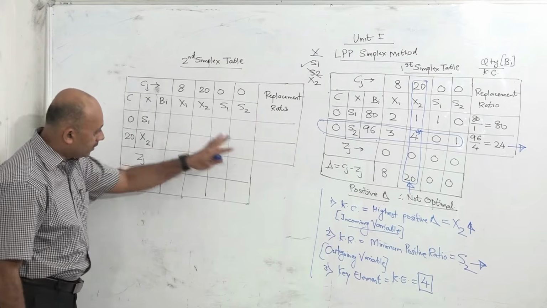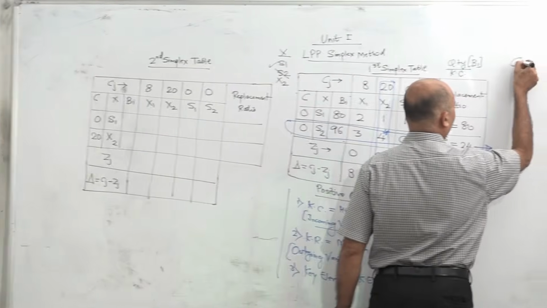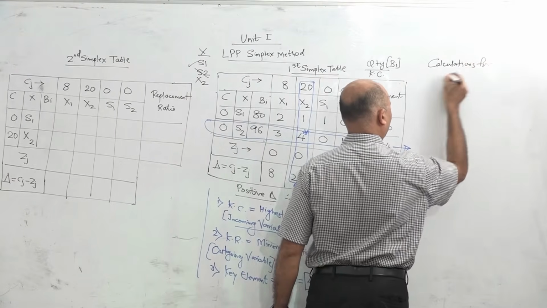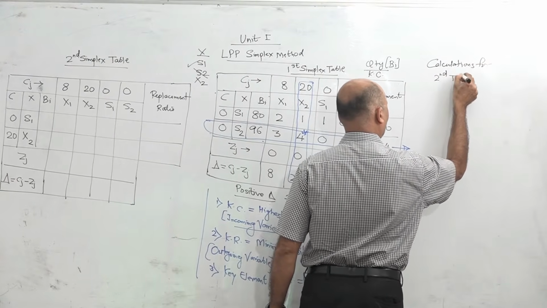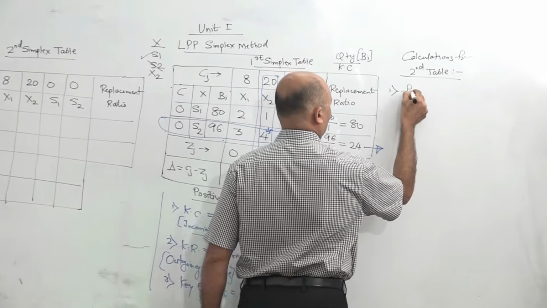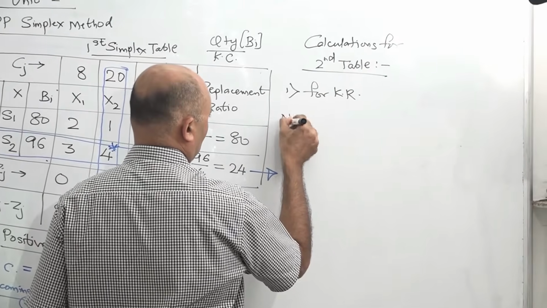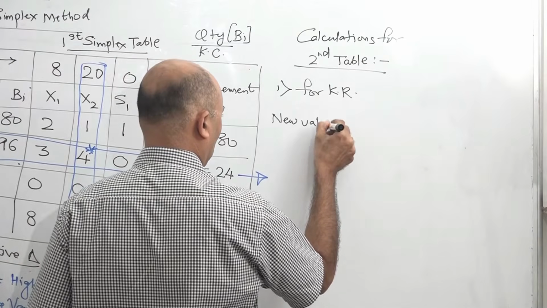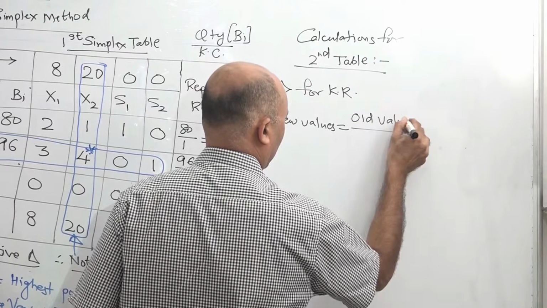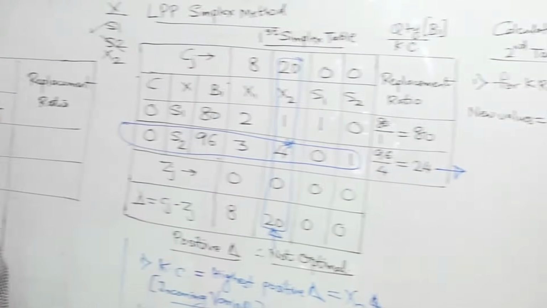Now we have to find the new values of the table. That calculation we will do now, and we will see the calculations for the second table. The first calculation is for KR, the key row, and its formula is new values equal to old values divided by key element. This is the calculation of KR.